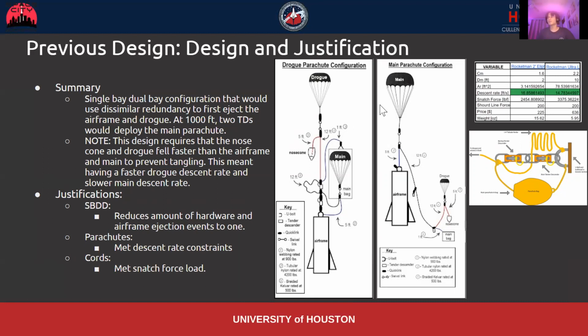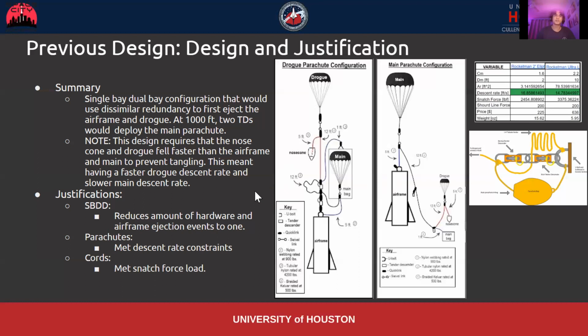So during the PDR, we were advised that that was too fast. We should probably slow down a bit. And similarly, the downside with this configuration here was that we would be falling too slow. We would be falling at 14.78 feet per second, which was just too slow, and it would take forever for us to get the rocket to hit the ground.